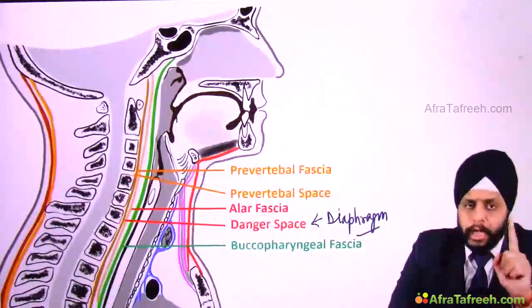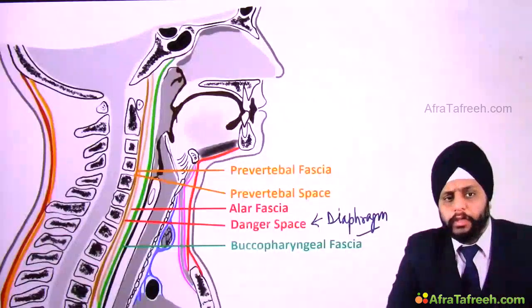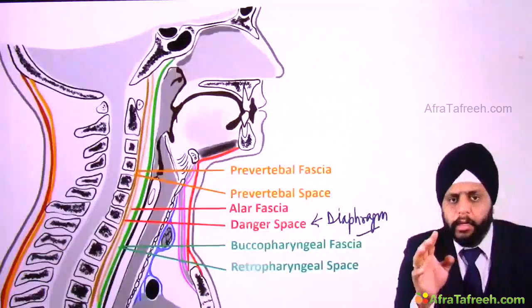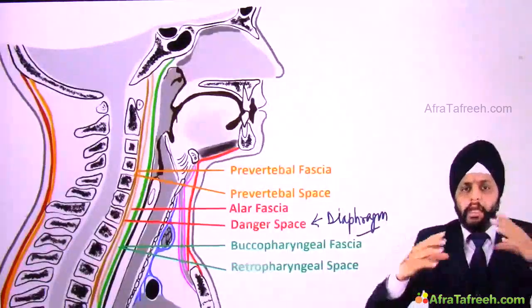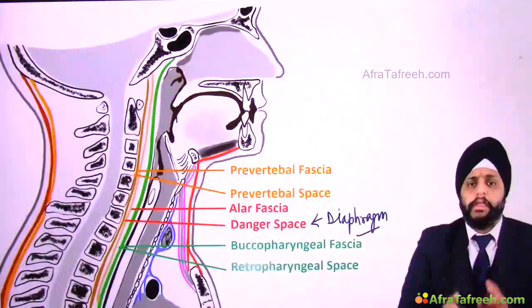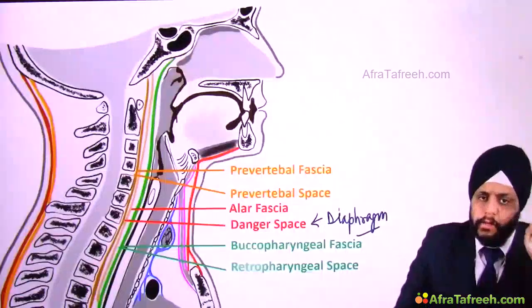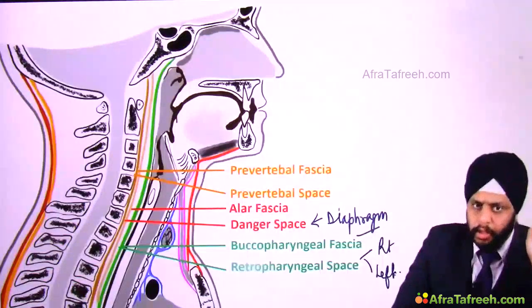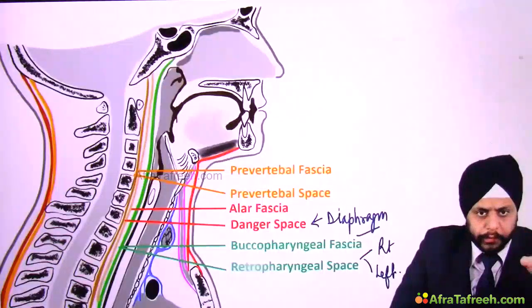Then between the alar fascia and the buccopharyngeal fascia, we have the retropharyngeal space. Remember, because the alar fascia and the buccopharyngeal fascia fuse, this retropharyngeal space is divided into right retropharyngeal and left retropharyngeal. Okay, that part also we have discussed.